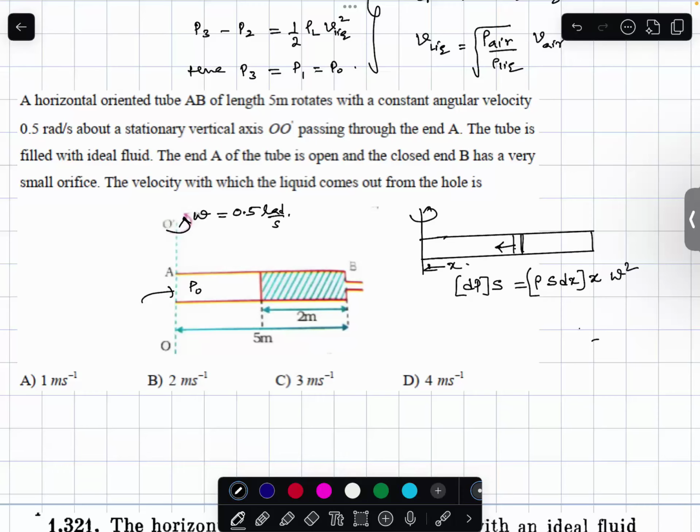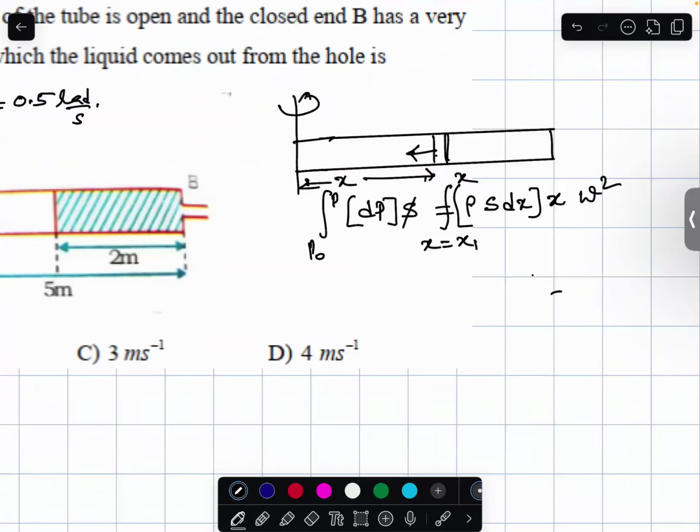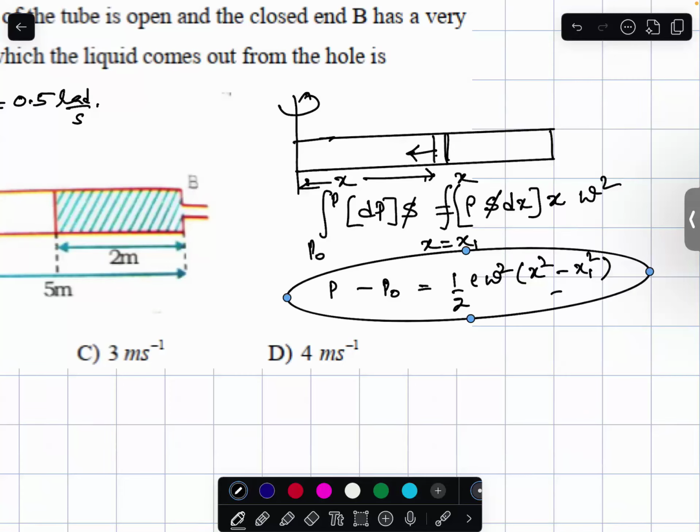Agreed? Now do the integration properly. Here at x is equal to x1, pressure is P naught, and at some x let the pressure be P. So yes, you can cancel. P minus P naught is equal to half rho omega square (x square minus x1 square). Right.